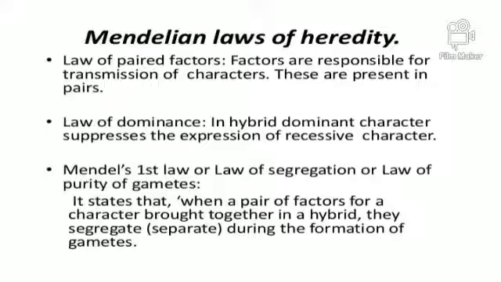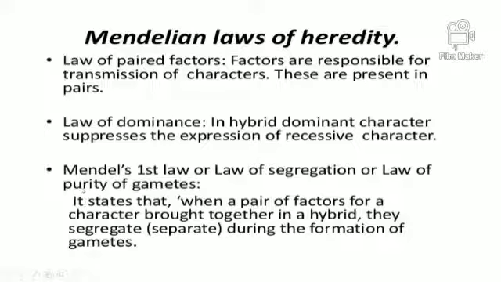Similarly, in the F1, we are getting a tall plant, which is capital T with small t. That is a hybrid one. But when we write down the gametes, it has to be separated. So this is the gamete which is separated during formation. Here is the separation into two gametes.